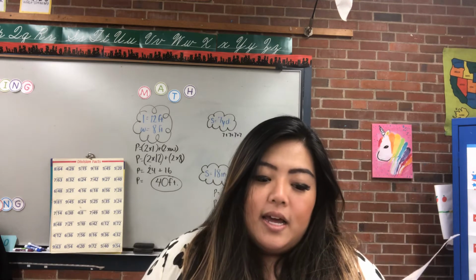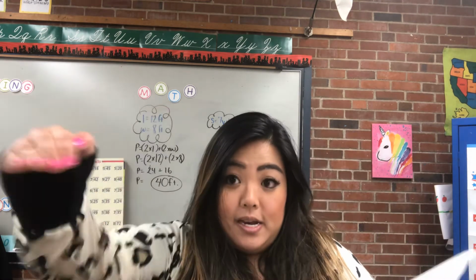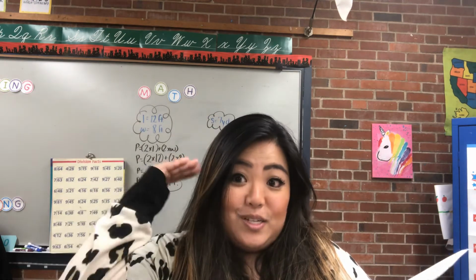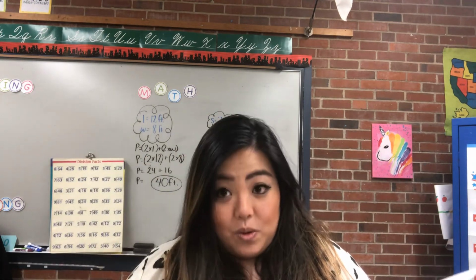So 9 plus 9 plus 9 plus 9 equals 9, 18, 27, 36. It equals 36 inches. In the last one, we have 4 sides of a square, and one side is 21. So we know 21 and 21 and 21 and 21 equals 84 inches.